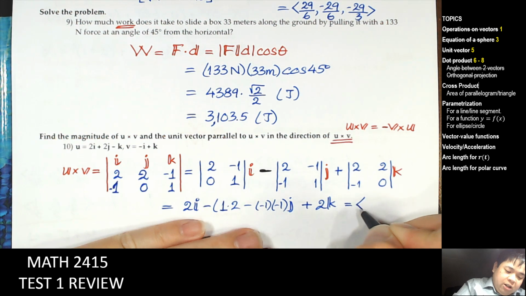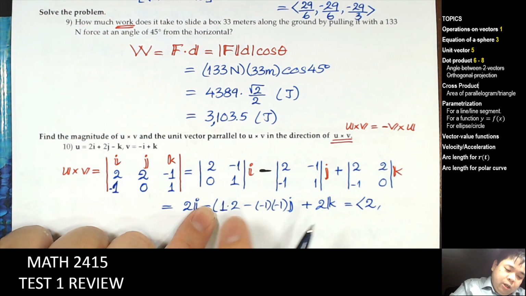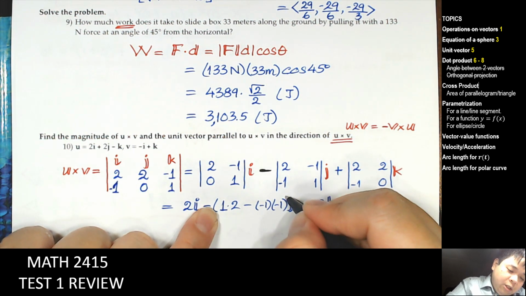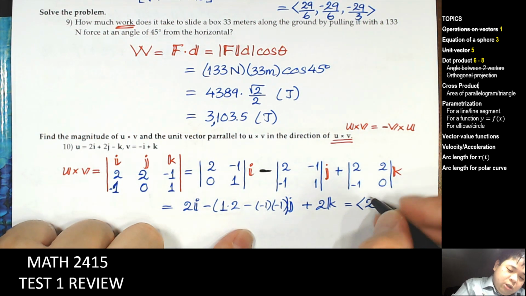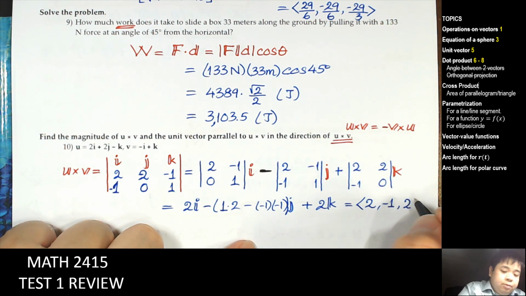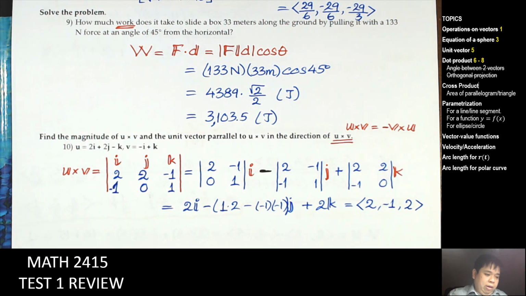So we can write the vector as 2, 2 minus 1, so it's 1, and 2. That is the cross product of u and v.